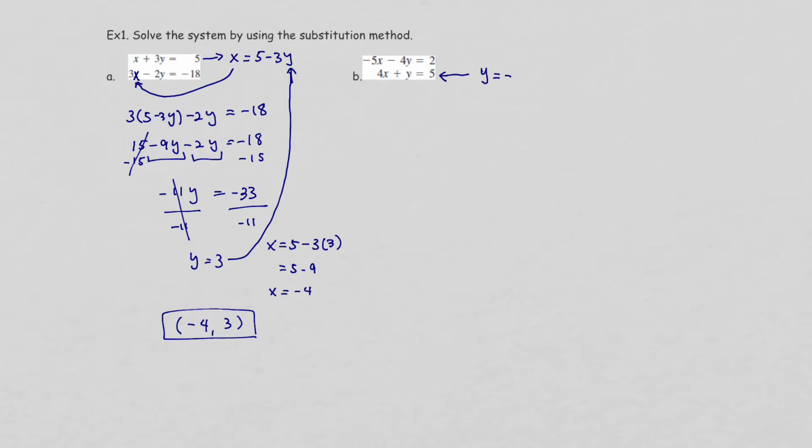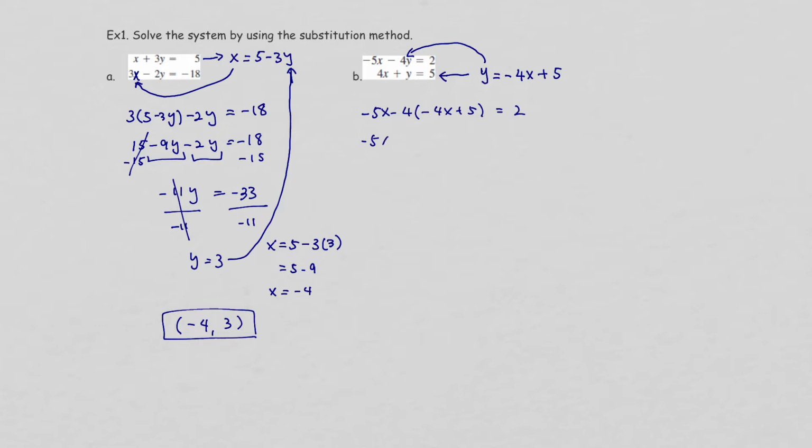So we'll just move x to the other side and replace that y in the first equation to create one equation with one variable. And now solve for x.